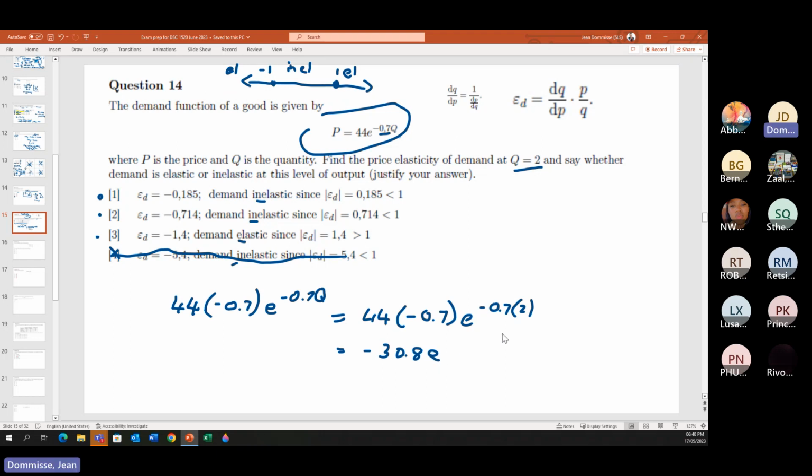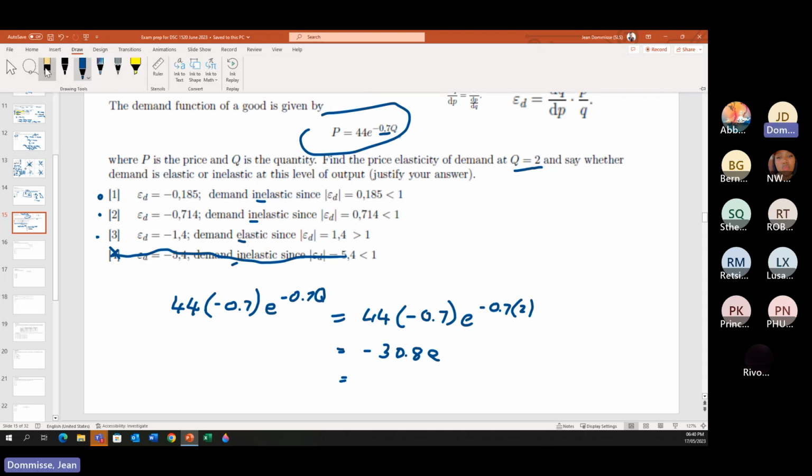E to the power of 0.7 times 2, so I just now need to look on my calculator, and it is load shedding, so it's very dark. So I get, so let's just do that.